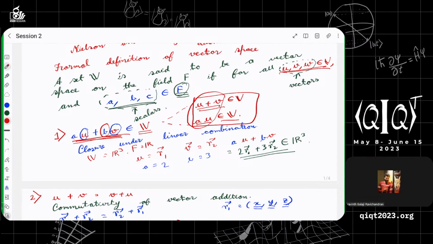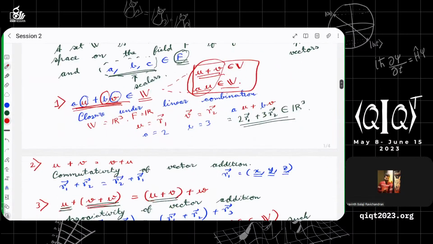Okay. So again, I think I'm a bit lost here, because I could think of a scenario where AU can take me out of the space and BU can bring me back again to the space. And if I cannot claim it will always belong to V, right? Yes.